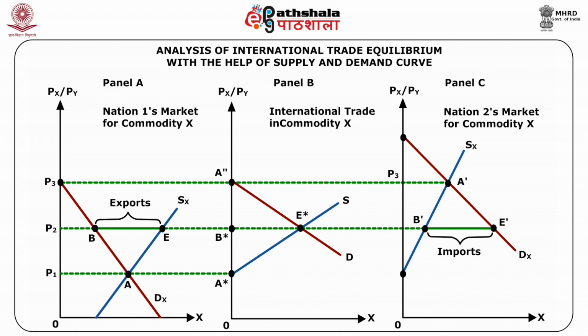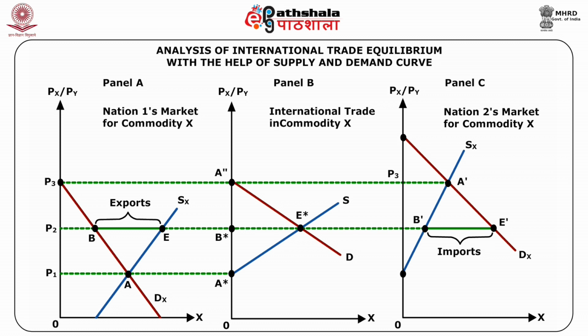Panel 3 shows the supply Sx and demand Dx of commodity X in nation 2 at the world equilibrium price of commodity X. Nation 1 has excess supply of commodity X (BE), whereas Nation 2 has shortage of commodity X (B dash E dash) at the world price.